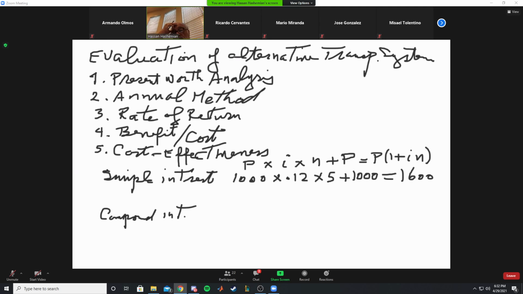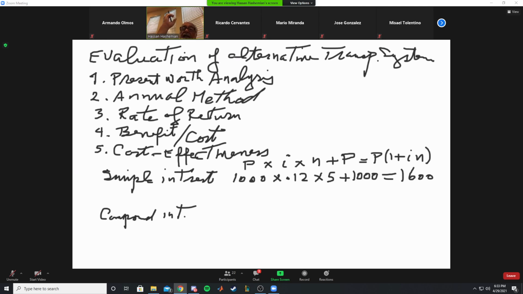So in the second year, they don't use 1,000 as the principal. They use 1,120 because you already got $120 interest added to your 1,000, and then you multiply that by 0.12. So it will be more because you get interest on interest. That's compound interest.